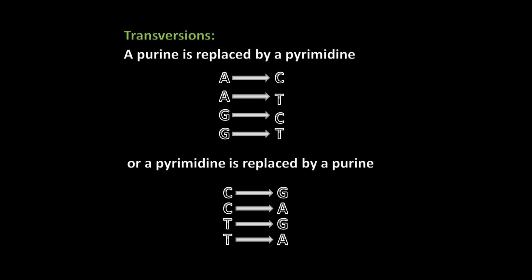What is a transversion mutation? A transversion is a kind of mutation in which a purine is replaced by a pyrimidine, or vice versa, a pyrimidine is replaced by a purine. Like adenine can be replaced by cytosine or thymine, guanine can be replaced by cytosine and thymine. Similarly, a pyrimidine like cytosine or thymine can be replaced by either guanine or adenine.